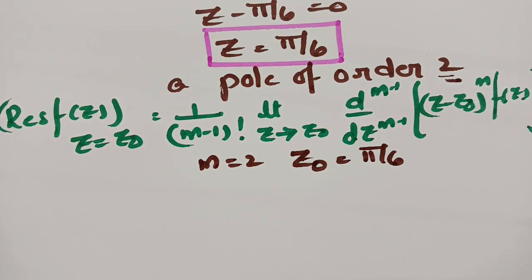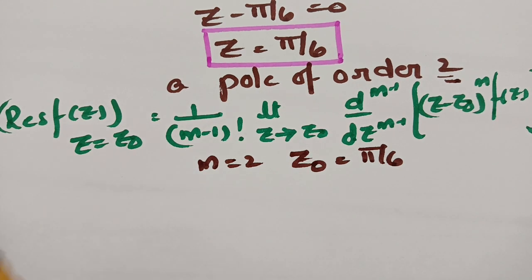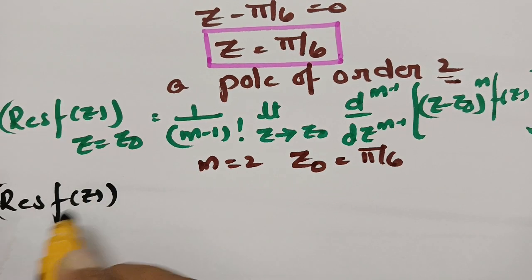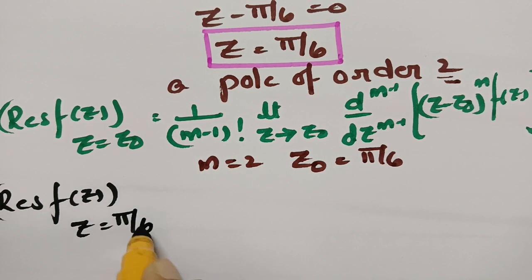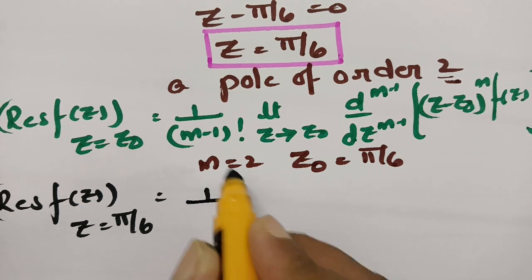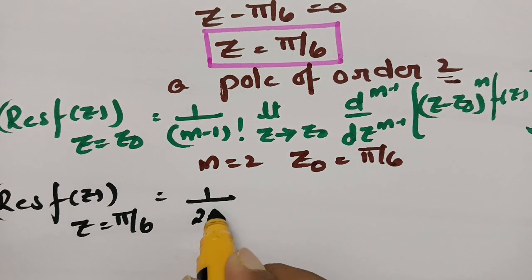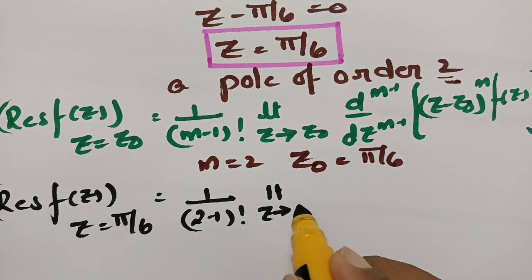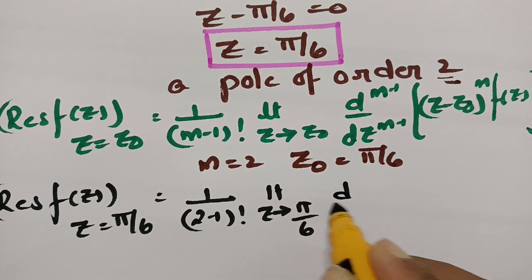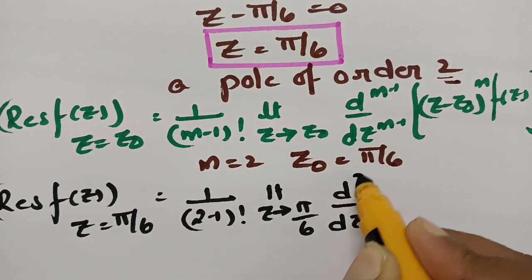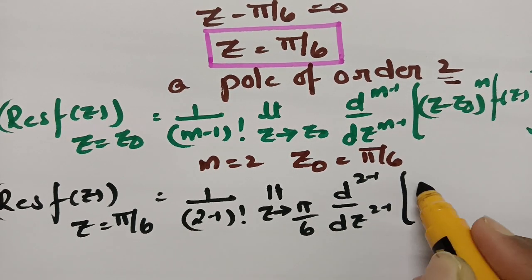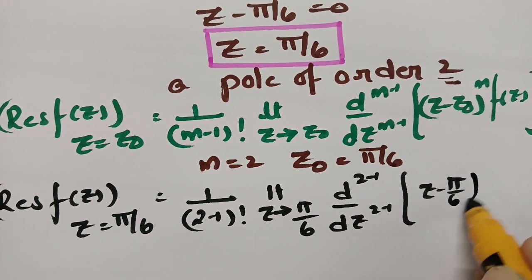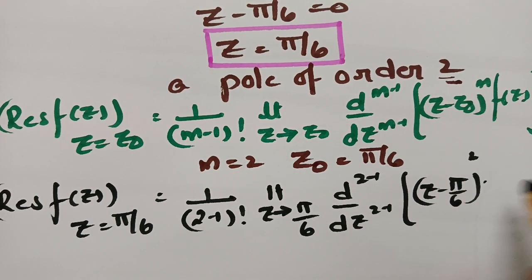Now if I substitute in this formula, the residue of f of z at z is equal to pi by 6 is 1 by (2 minus 1) factorial into limit z tends to pi by 6, d by dz to the power 2 minus 1, into (z minus pi by 6) to the power 2 into f of z.